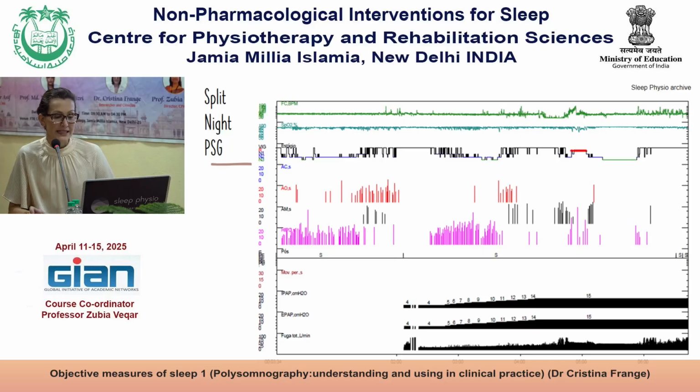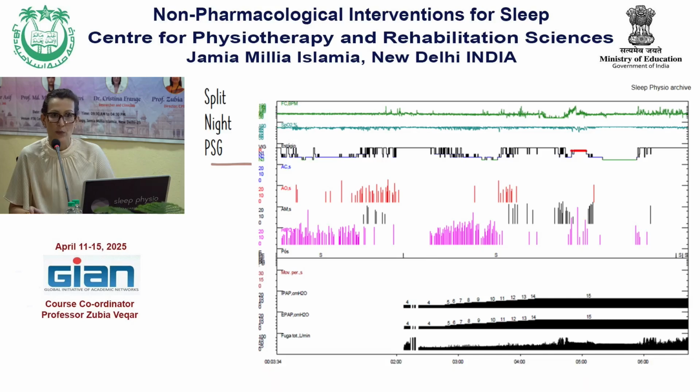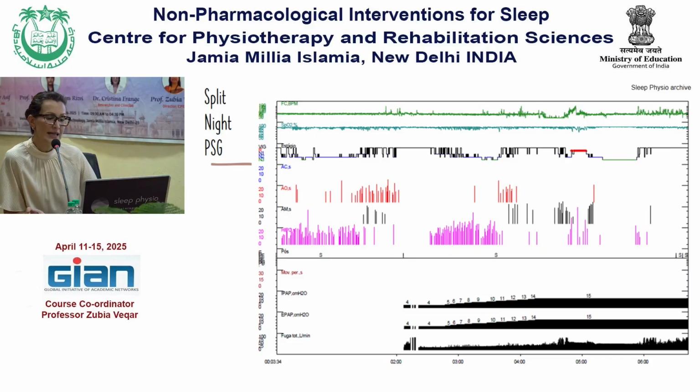Mixed apneas are a kind of apnea that happens when we have both obstructive and central components. As we increase the pressure, the airway responds, and in the case of this patient, and we don't know specifically why, he started to develop central apneas.